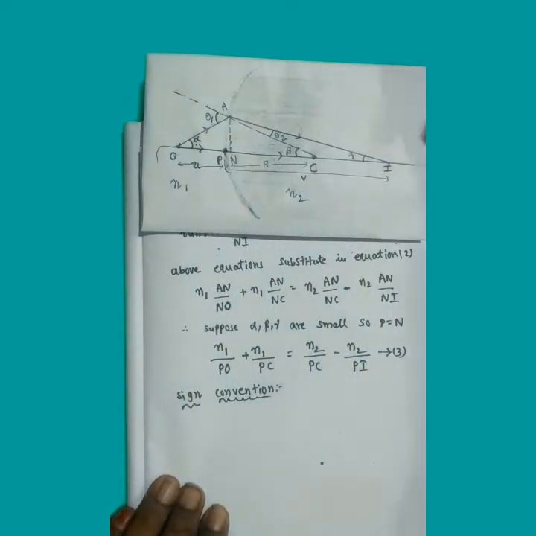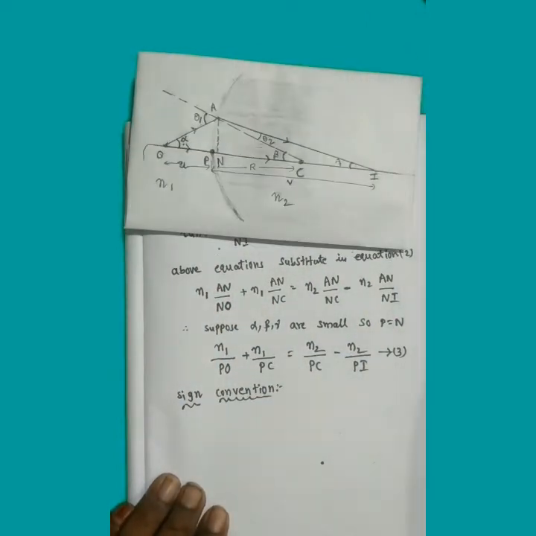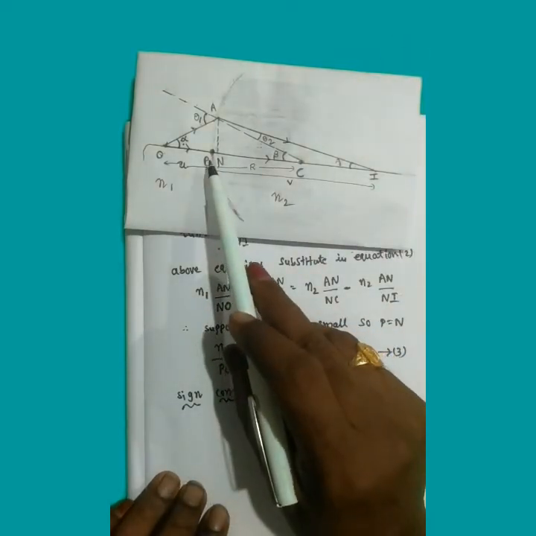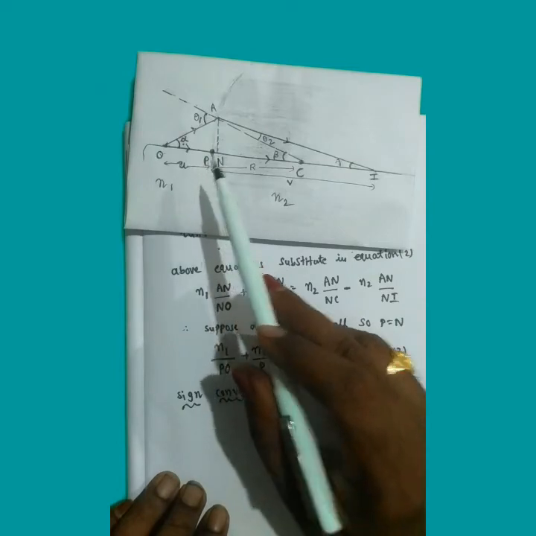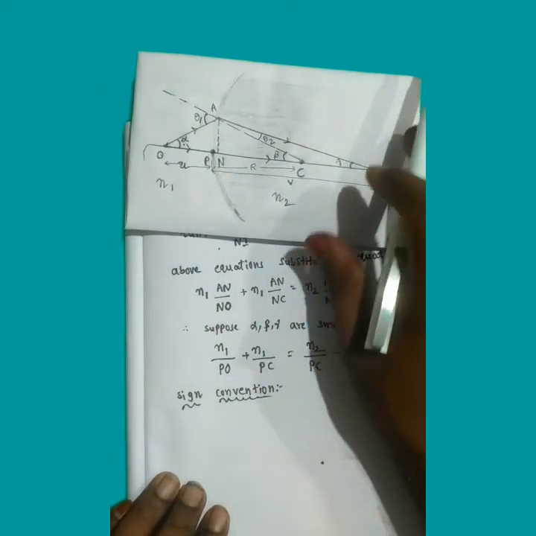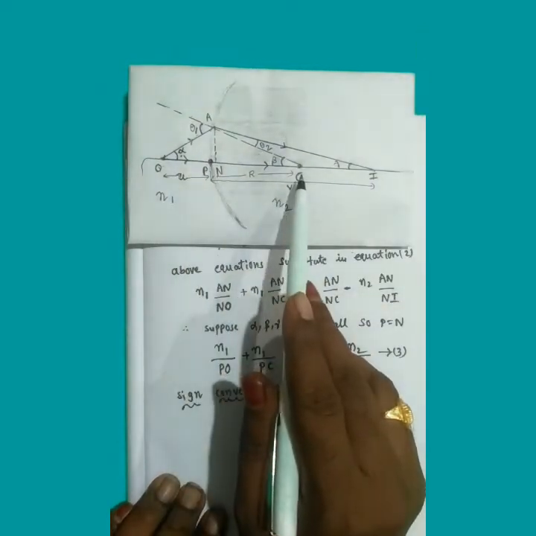Okay, very important points I am going to discuss here. All distances are measured from the pole. Distances measured along the direction of the incident ray are taken as positive.